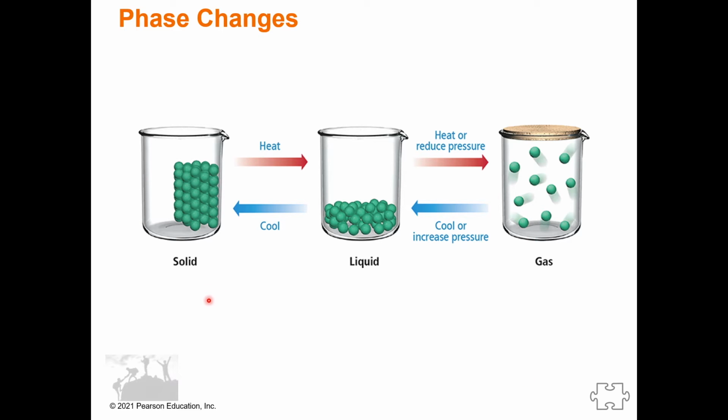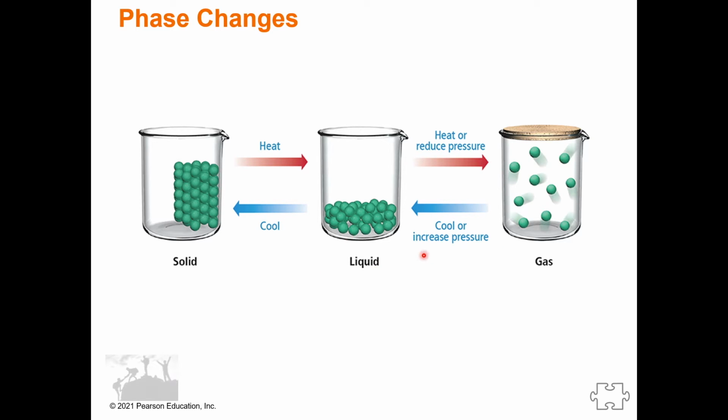How can we get from ice cubes to liquid water? Well, we're going to have to heat that up, right? And then boiling the water so that we get water vapor, we're also adding heat to that system. So going from left to right here in our arrangement, we have endothermic reactions.